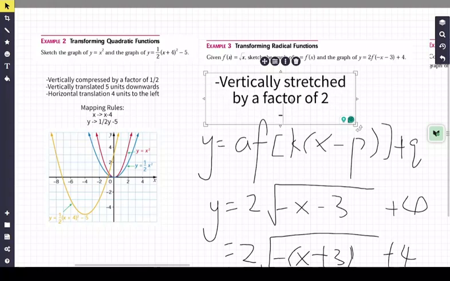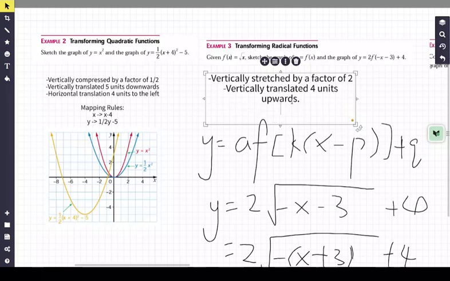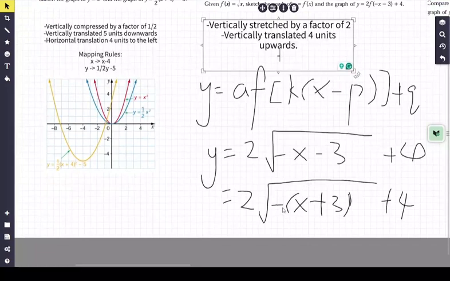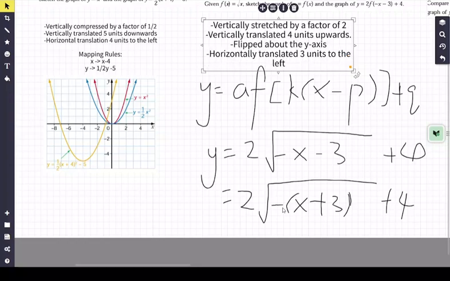We look at it: vertically translated 4 units up, right? No problem. And then there's an x transformation. So look, k is only negative, and there is no actual value. It's just a negative mark. What does this mean? This means we're flipping it across the y-axis. Flipped about the y-axis. And finally, we have horizontally translated 3 units to the left because of plus 3, right?